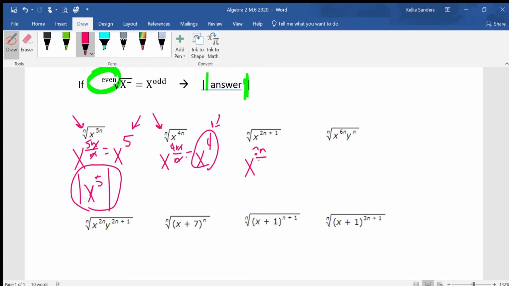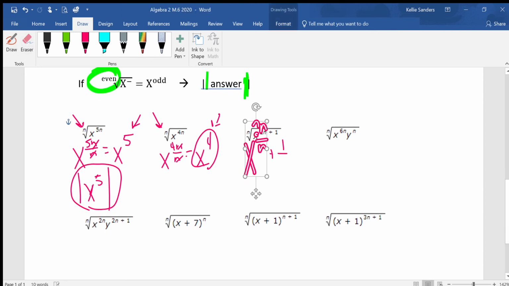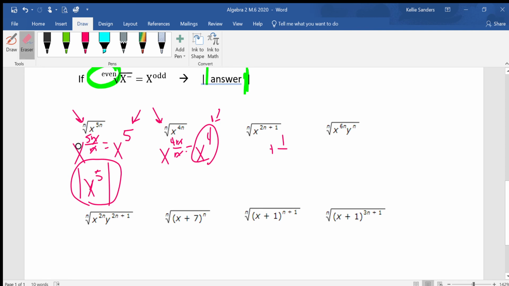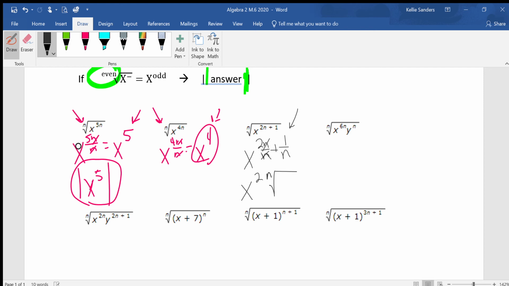x to the 2n over n plus 1 over n. Okay, the n's cancel, which leaves you with 2 on the outside, but 1 on the inside.